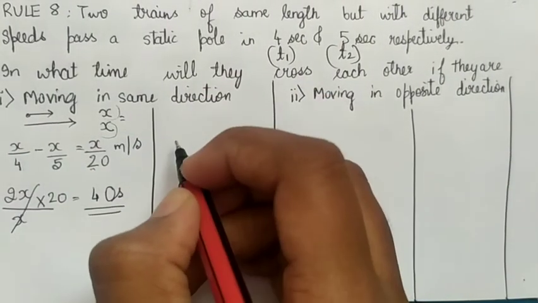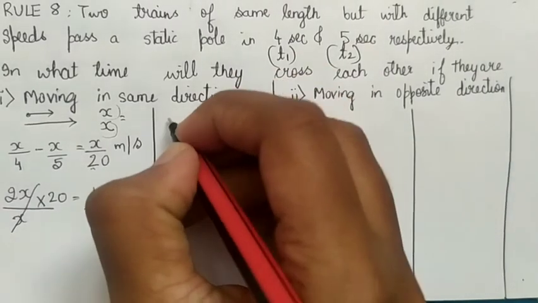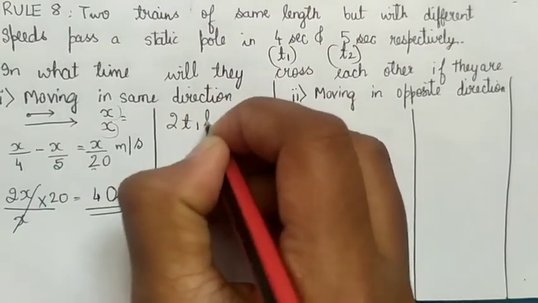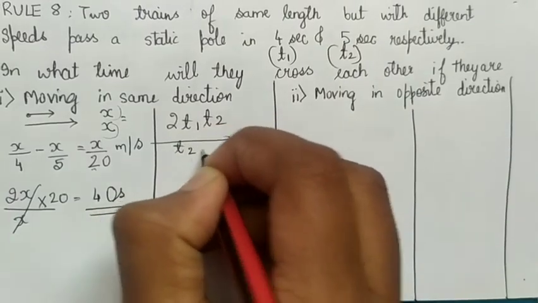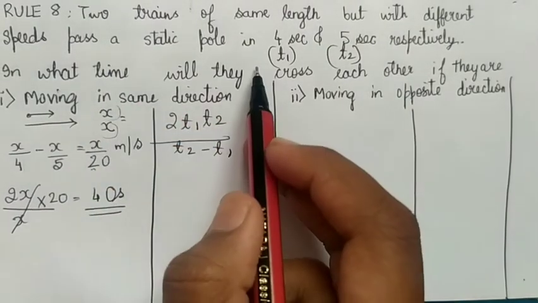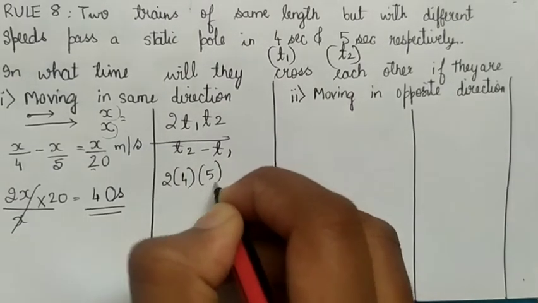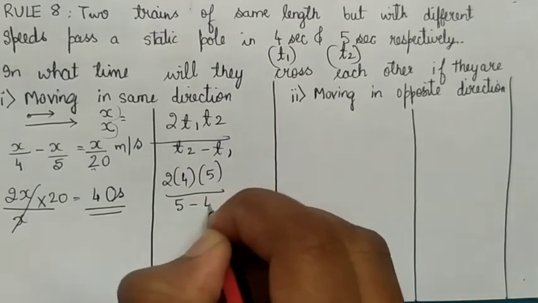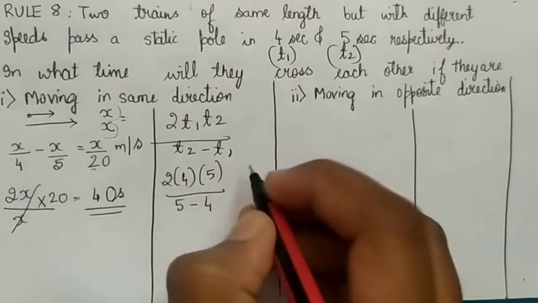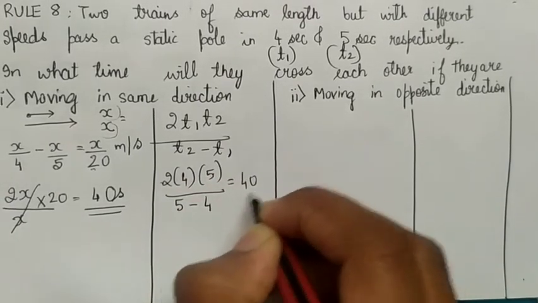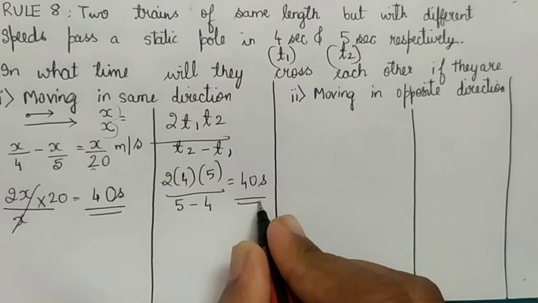If I apply the trick here, the trick is 2 t1 t2 by t2 minus t1. Since they are moving in the same direction, we take the difference. 2 into 4 into 5 by 5 minus 4. 5 2s are 10, 10 4s are 40. So this also gives me the same answer.